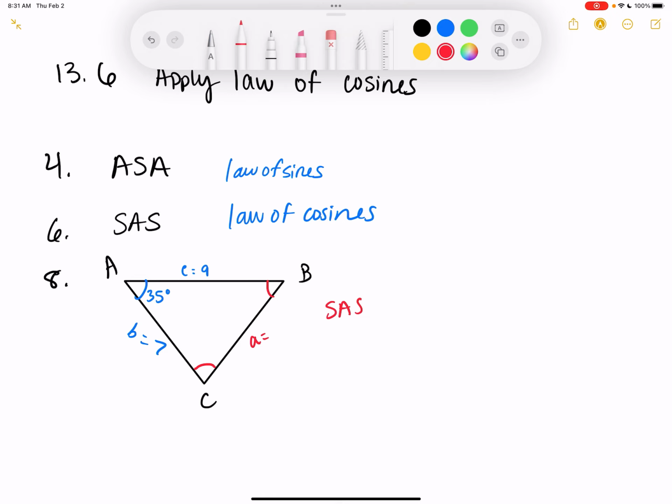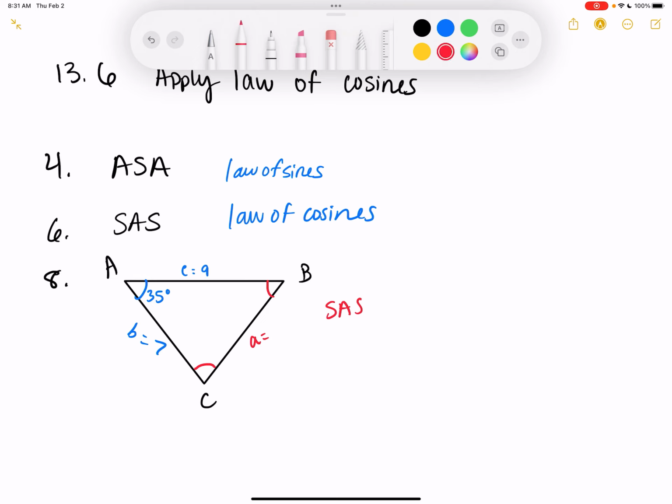So just to have it in front of us, I'll write the formula for law of cosines given this scenario.